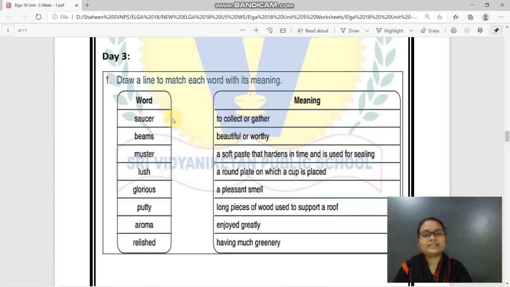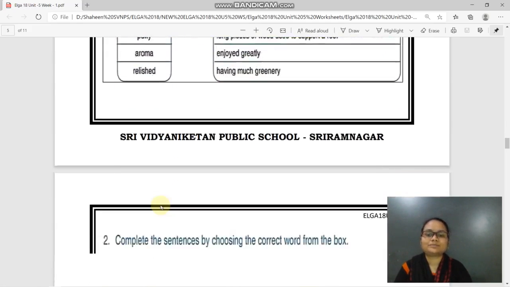Once you find the meaning of each word, see in the meaning section whether the meaning you have found is present. Then try to find the correct meaning children, using your which strategy? Good. LUPRC strategy. Then draw a line to match each word with its meaning children. This is how you are supposed to complete this.